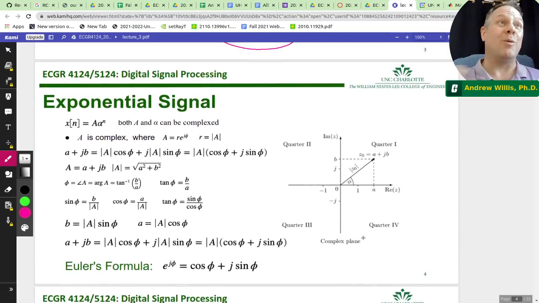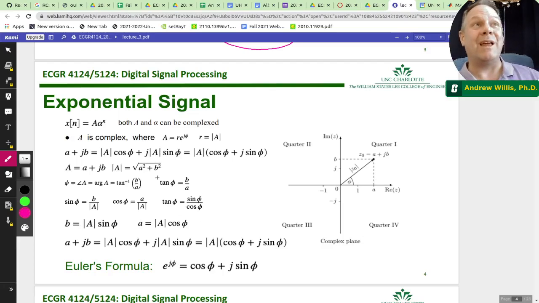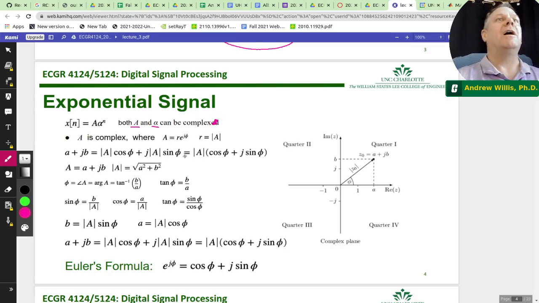Let's talk about what happens when a and alpha can be complex. So if a is complex, this is like a quick review of complex number theory, which is incredibly important for this class.